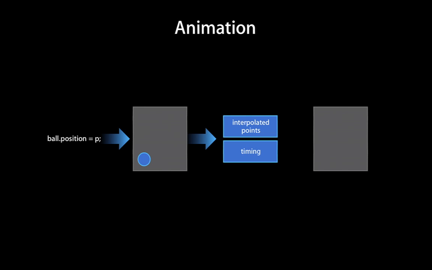Behind the scenes, there are two important things that have to be computed by Core Animation. One is the interpolated points, and the second is the timing. By timing, I mean a kind of timing function that controls how the animation appears to you. Is it very jerky, sort of infinite speed and then stop, or does it start going faster, reach its maximum speed, slow down? You can control that with timing function properties.